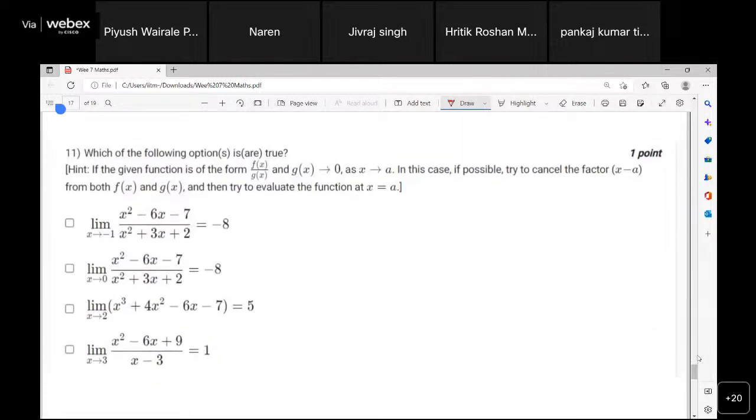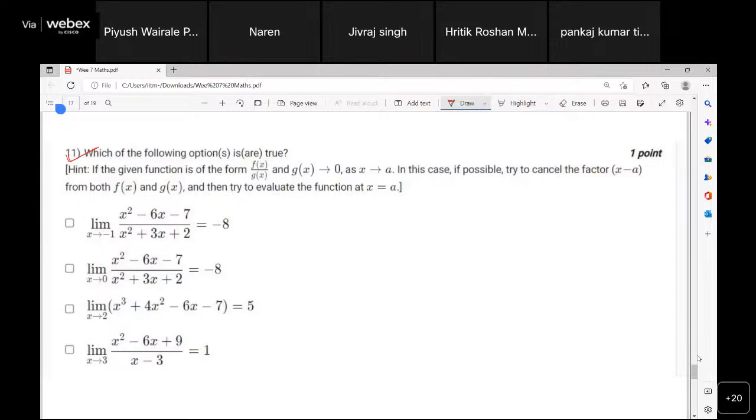Okay, this is the simpler one. Just try to find out the limit of this particular function for all the options.